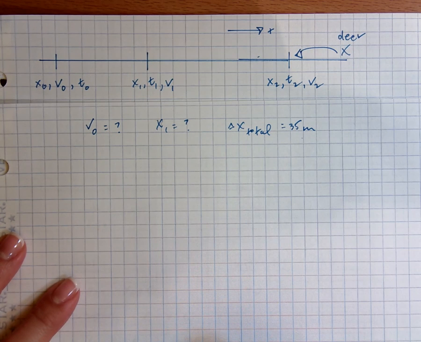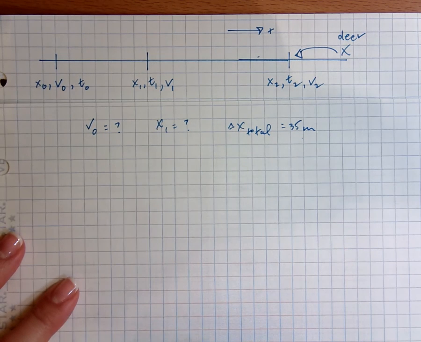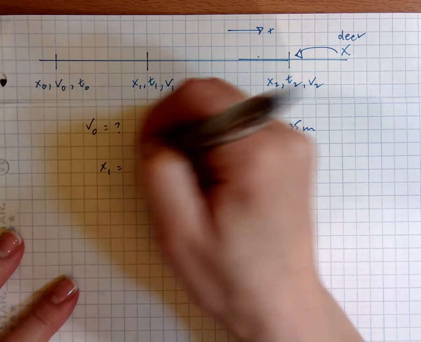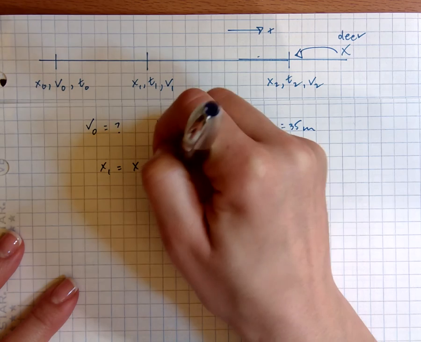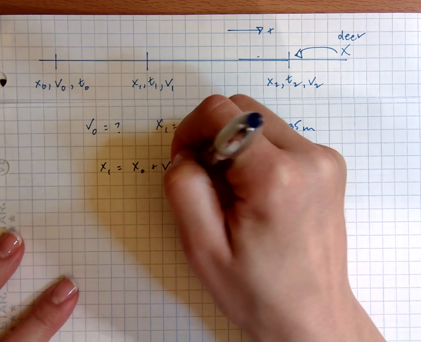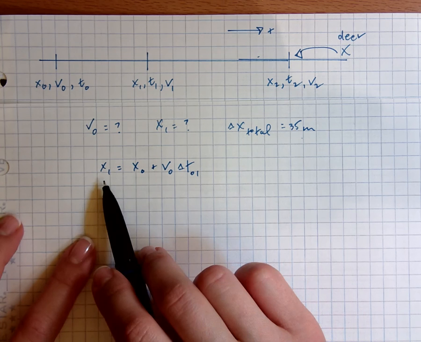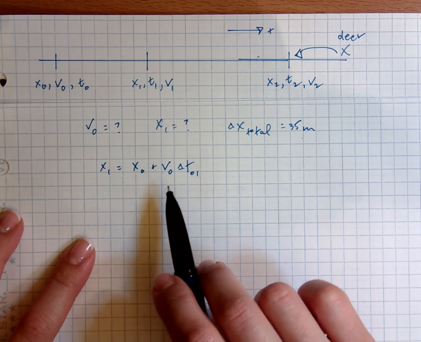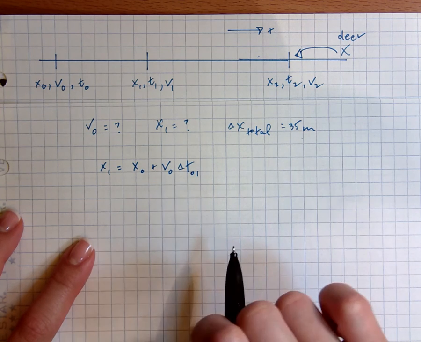Okay, so how to proceed? Well, let's look at what's going on between the initial and the first point there. If I pick an equation to relate those 2 points, I have the equation position 1 is equal to the initial position plus the initial velocity times the time between those 2 points.